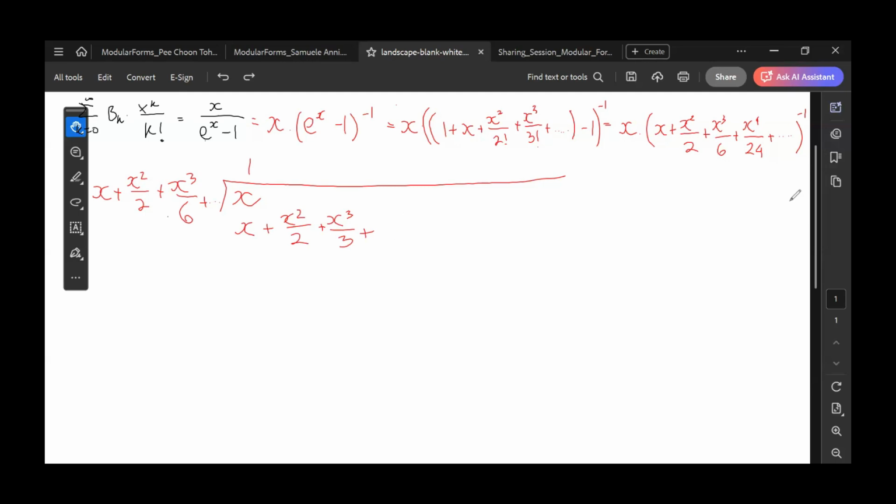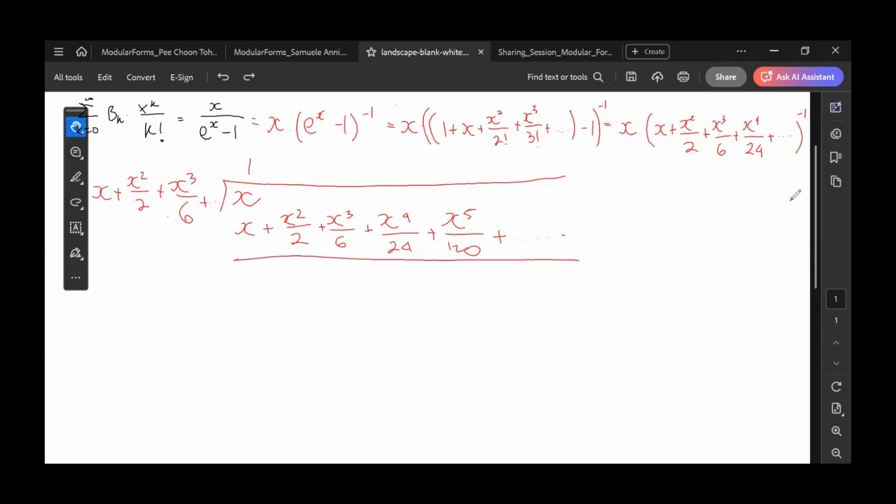X plus 6, and 4. The more terms you use, the more Bernoulli numbers you will be able to calculate. But right now I think this is enough.